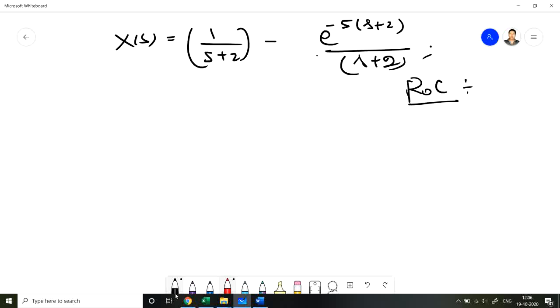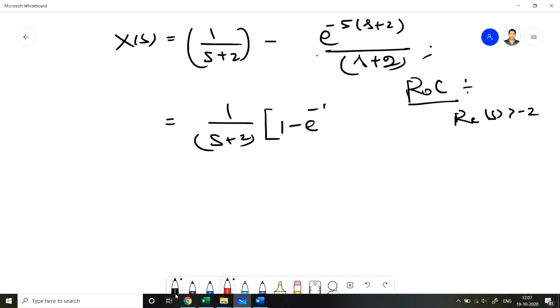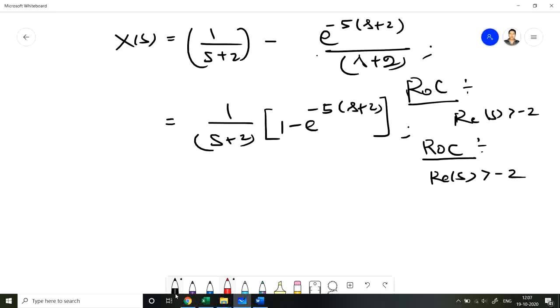It is the real part of s greater than minus 2. So basically we can combine this: (1 divided by (s + 2)) times (1 minus e^(−5(s+2))). It is the Laplace transform, and the ROC is the real part of s greater than minus 2.